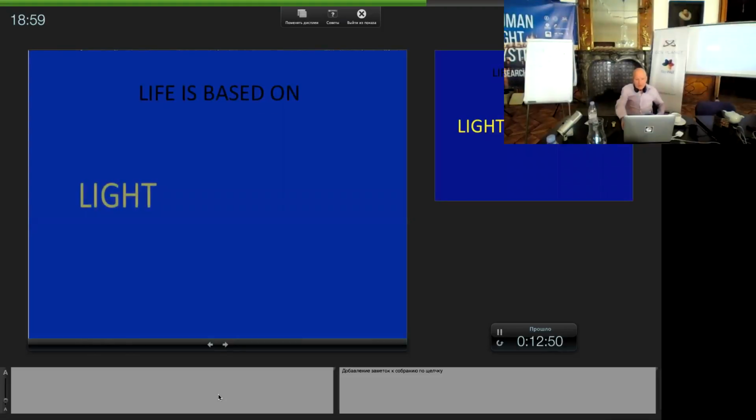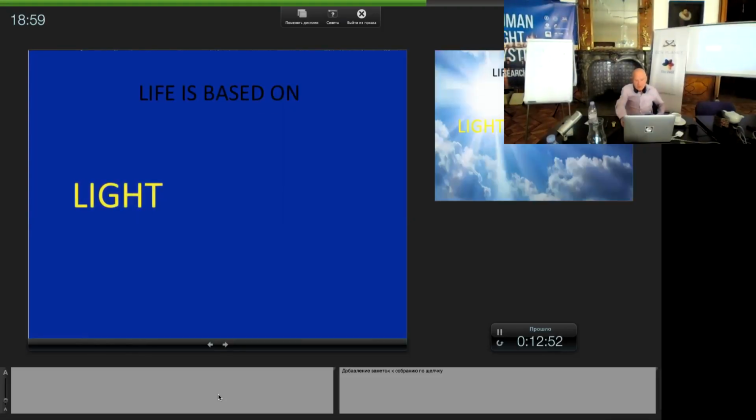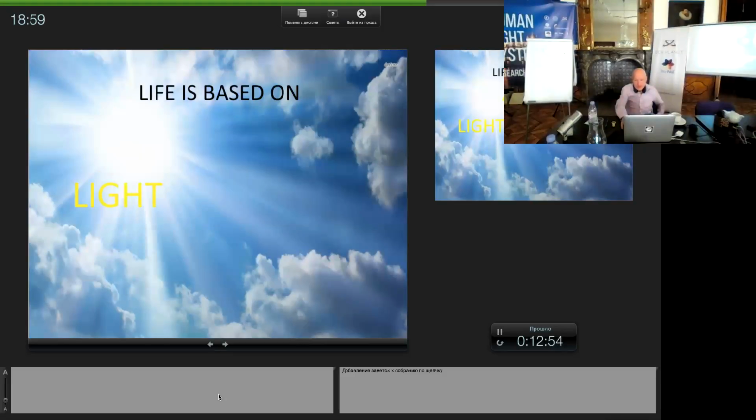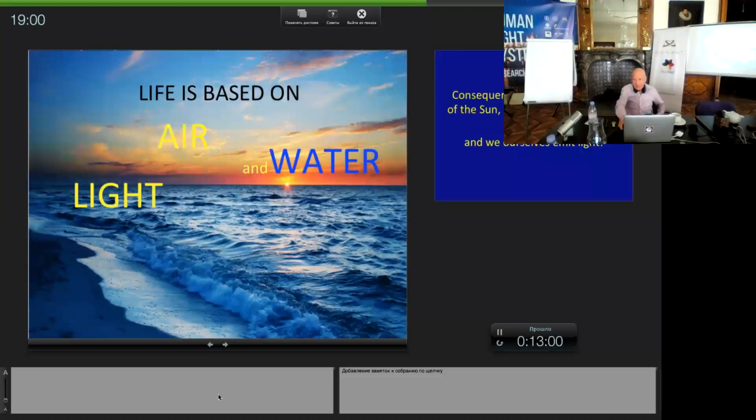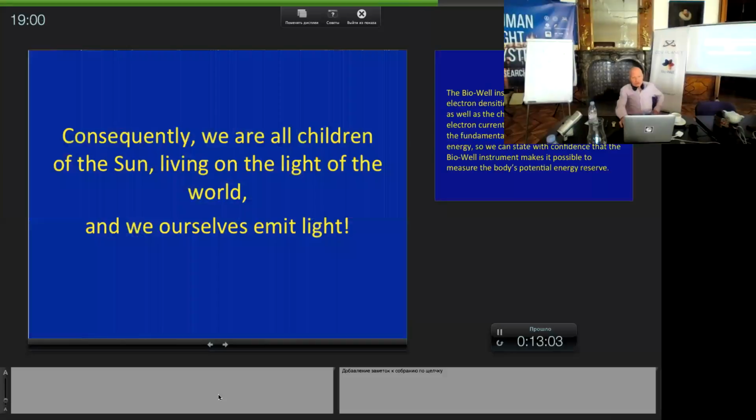And we know that life is based on light, air, and water. So this is the basis of life. We are children of the sun, living on the light of the world, and we ourselves emit light.